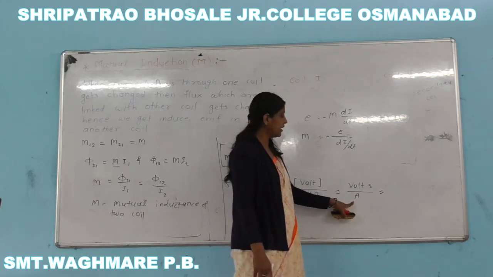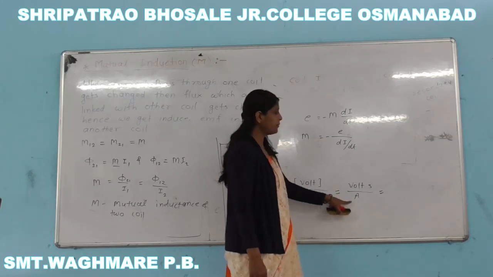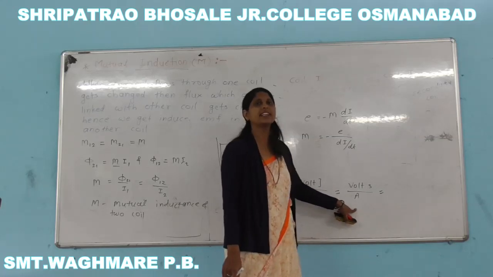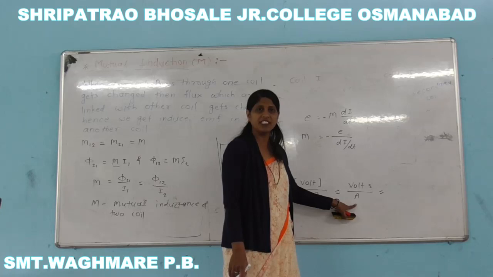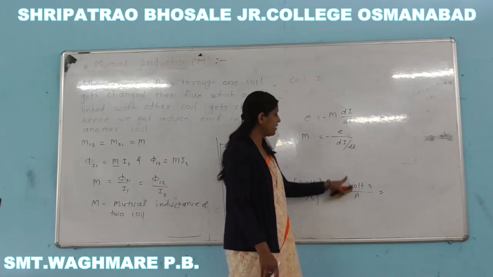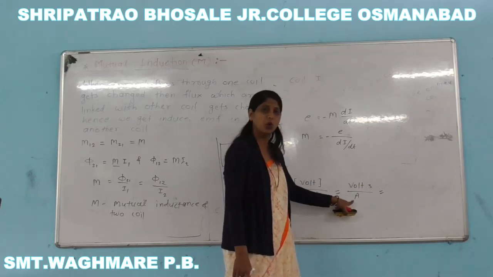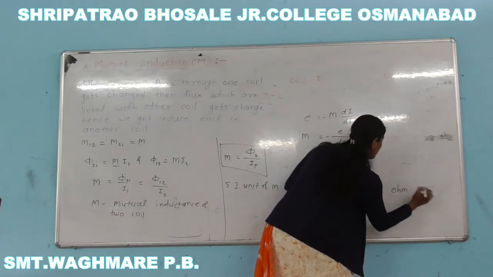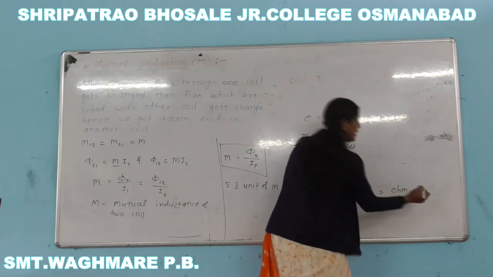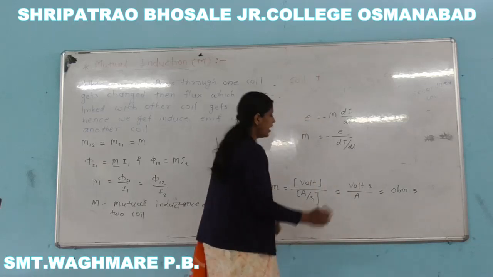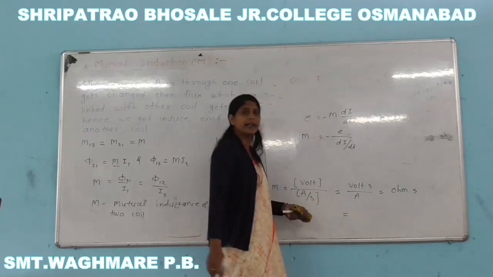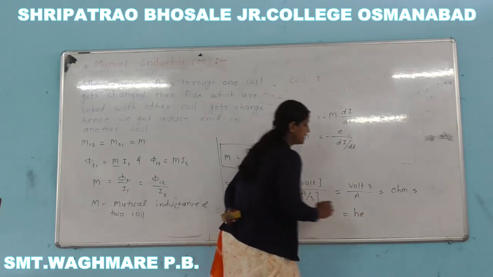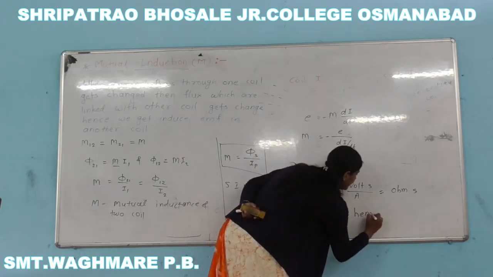Volt is the SI unit of EMF and ampere is the SI unit of current. Therefore, voltage upon current, or potential difference upon current, is equal to resistance, and the SI unit of resistance is ohm. Therefore, volt upon ampere is equal to ohm. So ohm into second can be written as Henry. The SI unit of inductance is Henry.